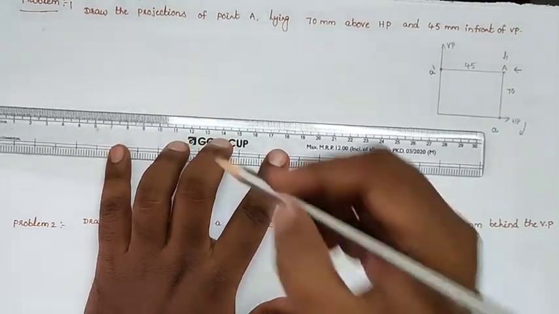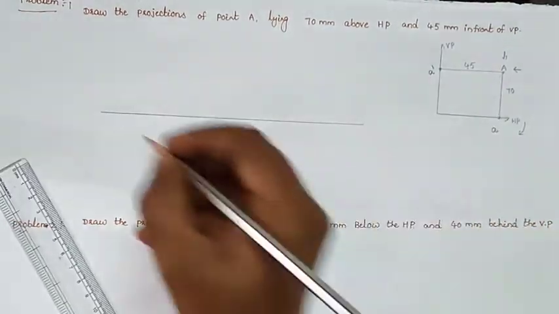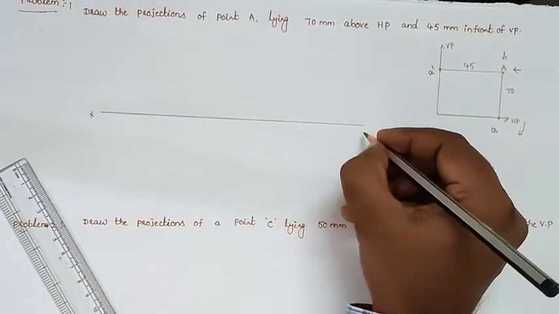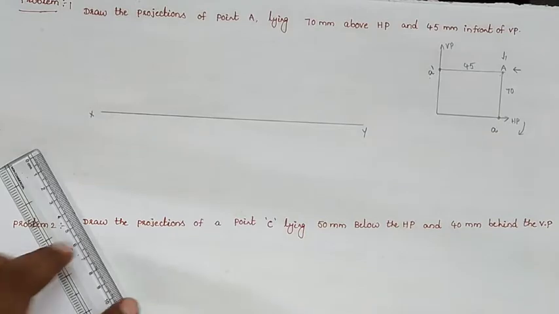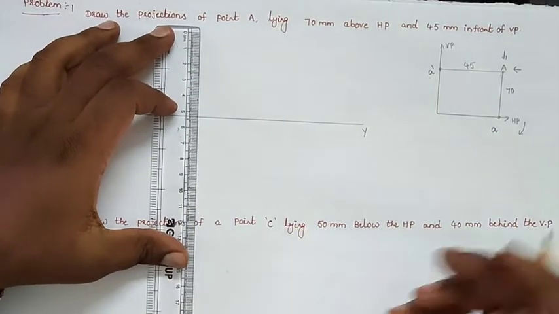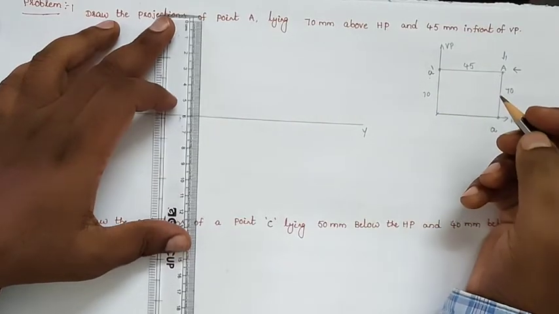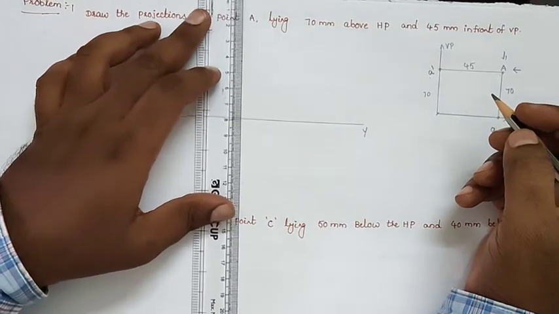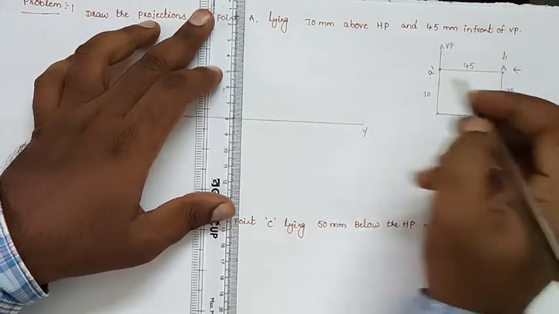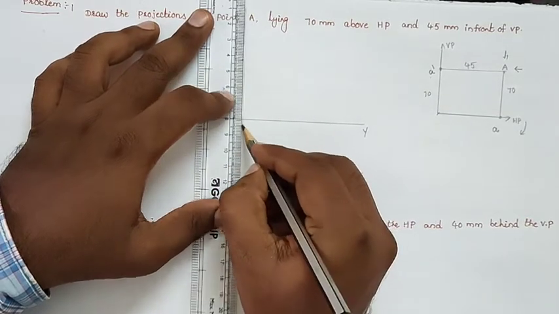So this is the actual diagram I am drawing here. We will draw the reference line XY. After drawing the reference line, 70 mm above HP, 70 mm above the reference line, we will get the point a dash. And 45 mm in front of the VP.